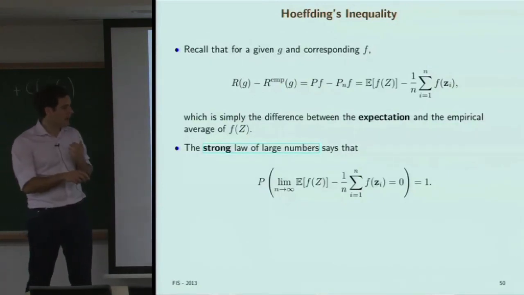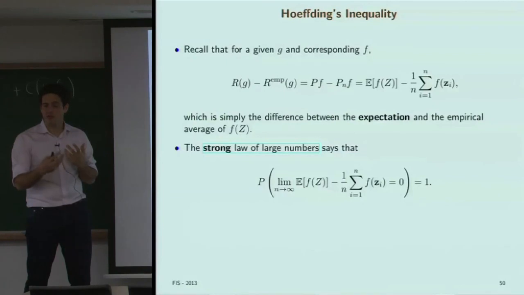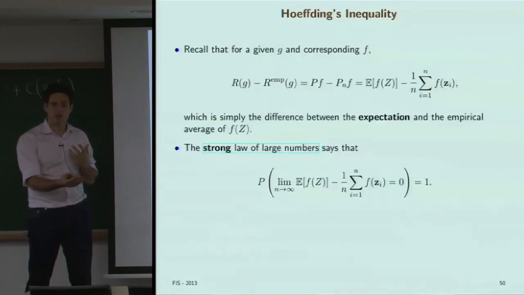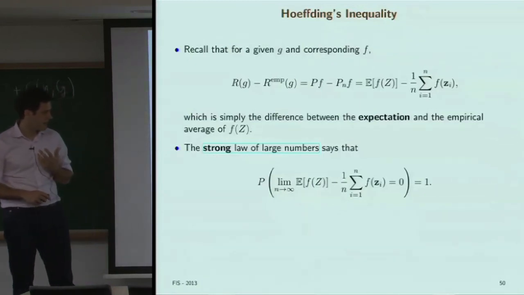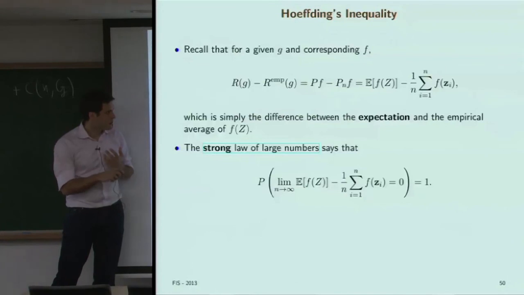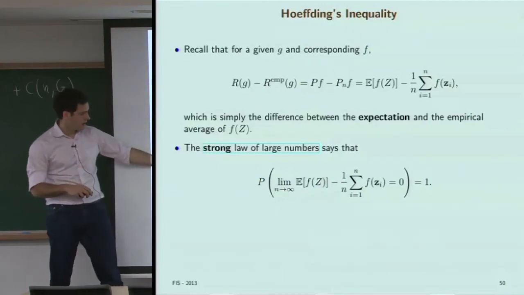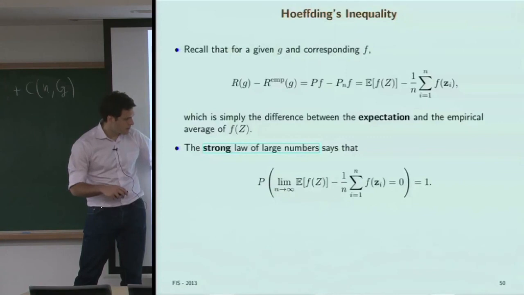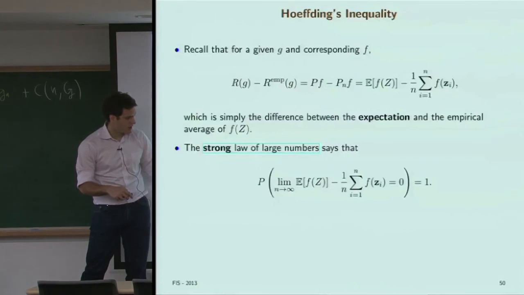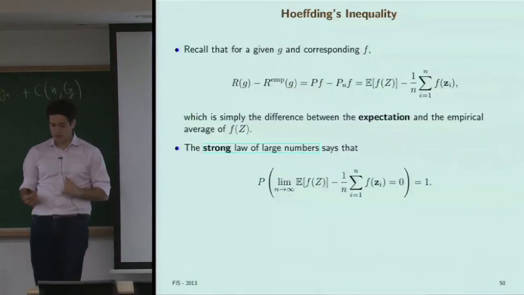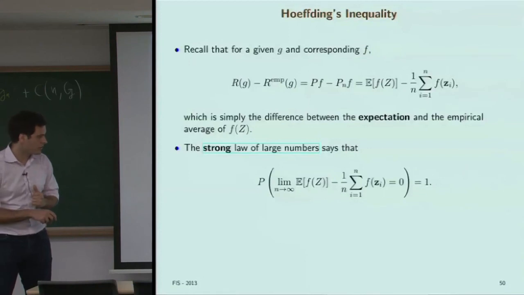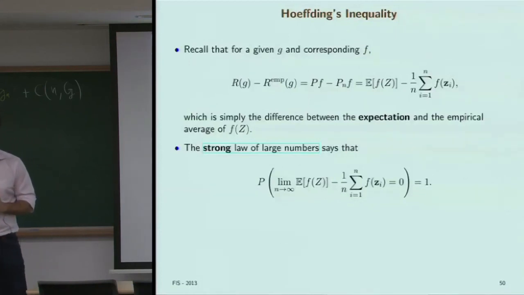What is the gap that you can expect between the real expectation of something and the empirical expectation of something? Again, the reason why we said that the empirical risk converges to the true risk using the strong law of large numbers is the same idea that we can use here. We know that the expectation of something minus its empirical estimate converges to 0 in probability. That's the idea of the strong law of large numbers.